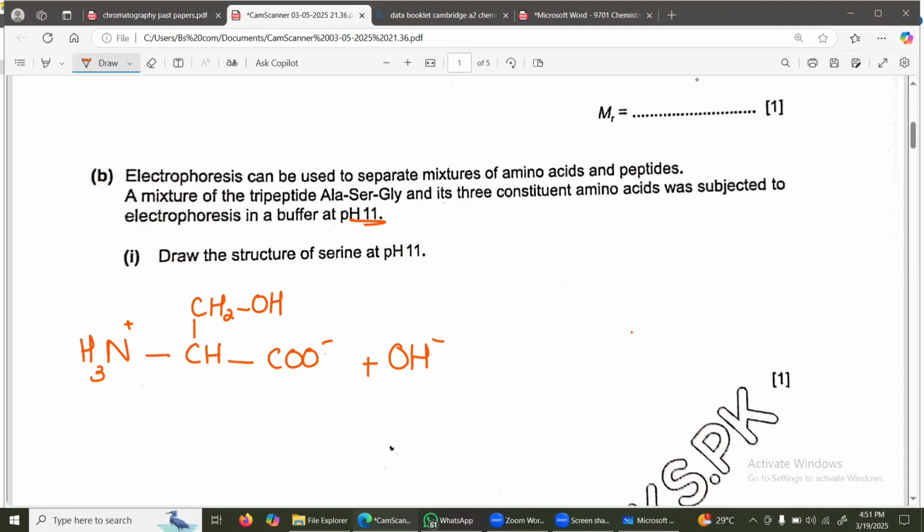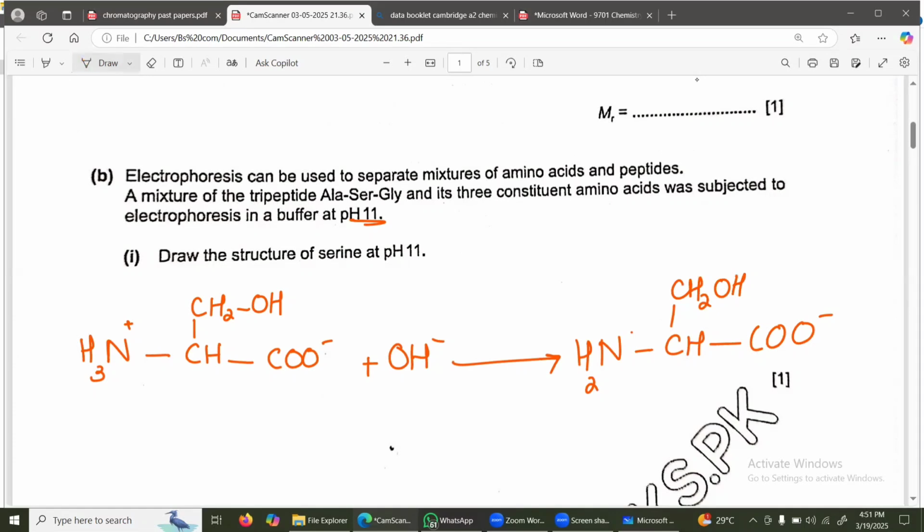So it will take the proton from NH3 positive and it will form NH2 CH, CH2OH, and this is COO negative. So at pH 11, this will exist in this form. This will be its structure.